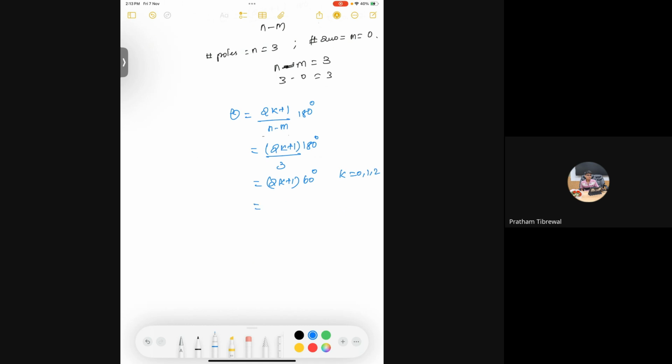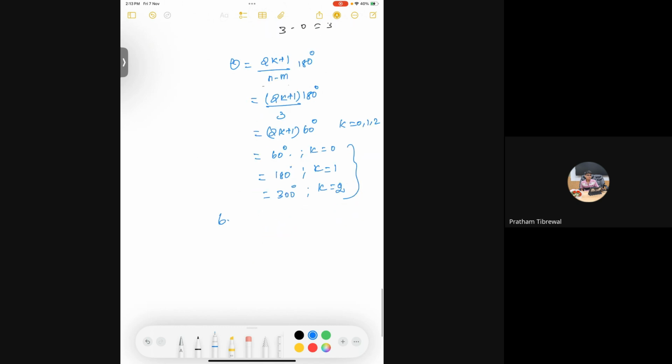When k equal to 0, this will be 60 degrees. When k equal to 1, 2 plus 1, 3, 180 degrees. And this will give me 300 when k equal to 2. So these are the 3 angles my root locus is going to go to infinity for the real poles of the system.